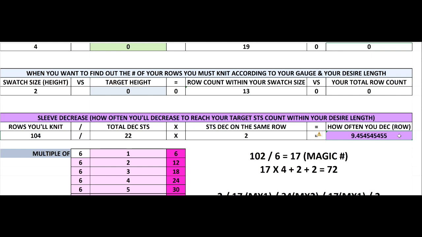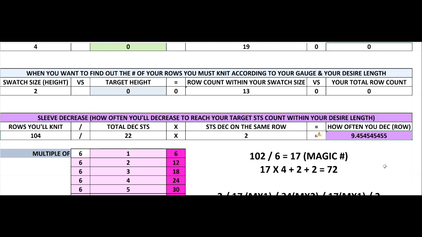Okay? Because if I decrease every 9th row, probably not enough length. You can't reach 16 inches. So I decide the first decrease is on the 9th row, and the next decrease is on the 10th row after that, which is the 19th row, right?